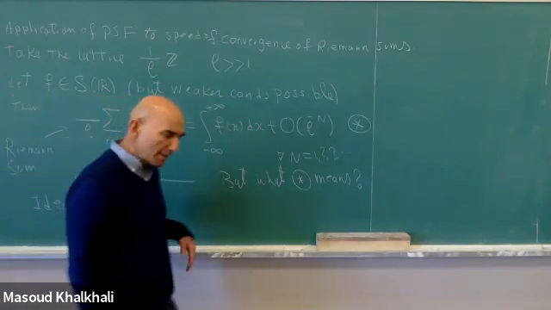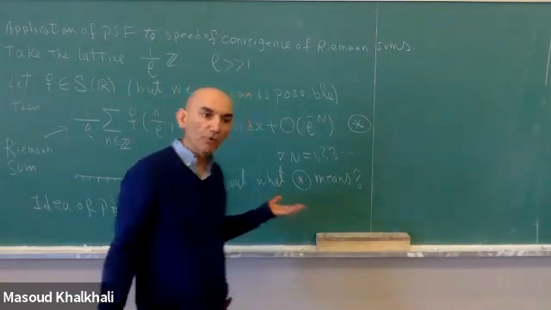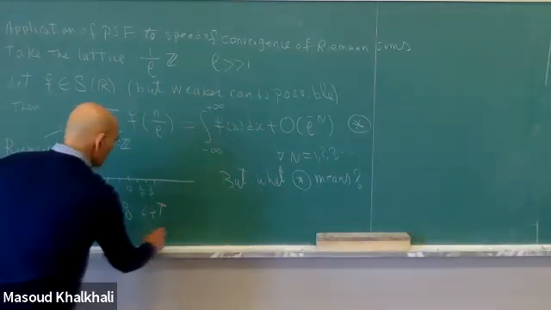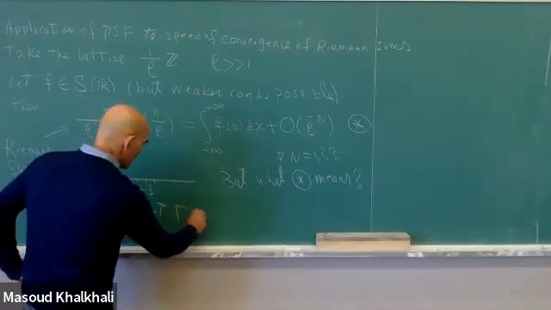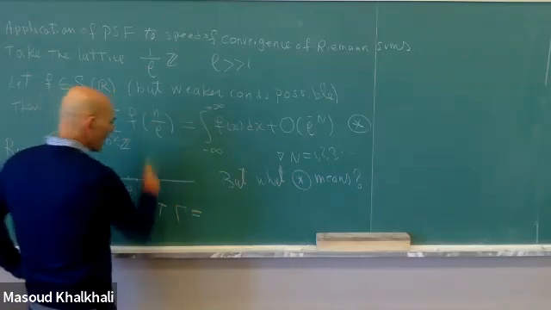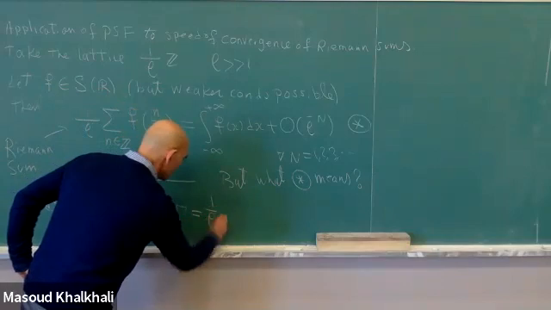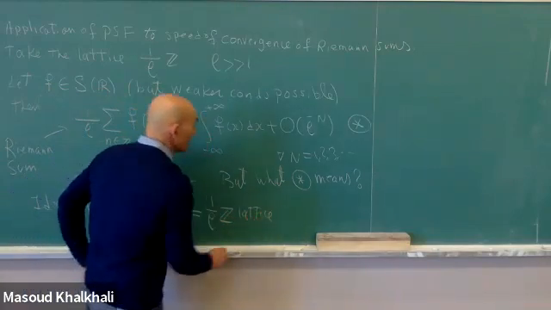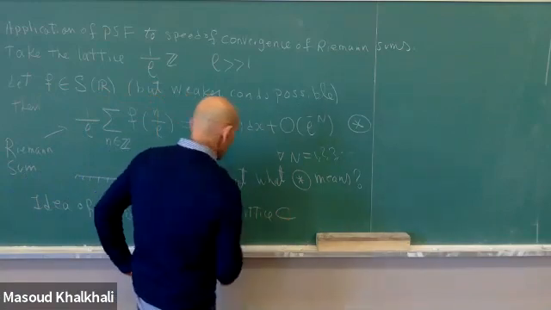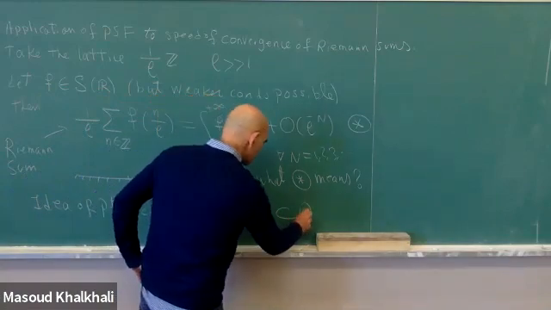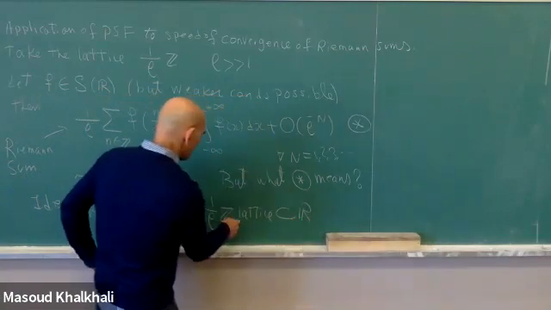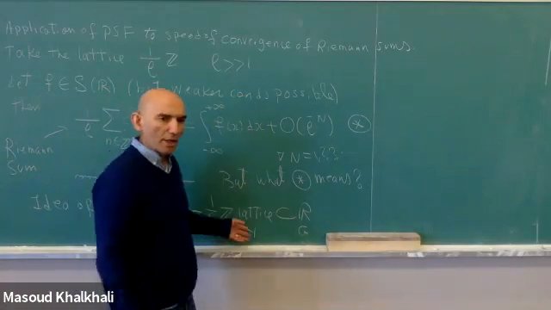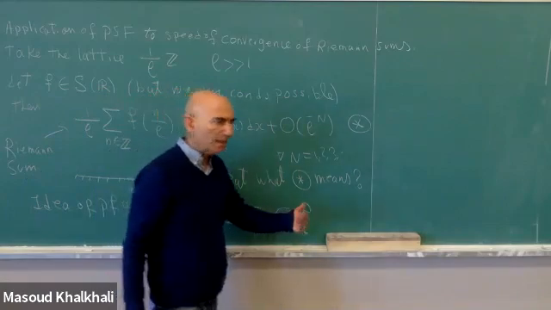Well, I can use the Poisson summation formula, right? Let gamma be equal to this lattice inside R. This is our group, this is H, this is G, and the dual lattice in this case we know is LZ.